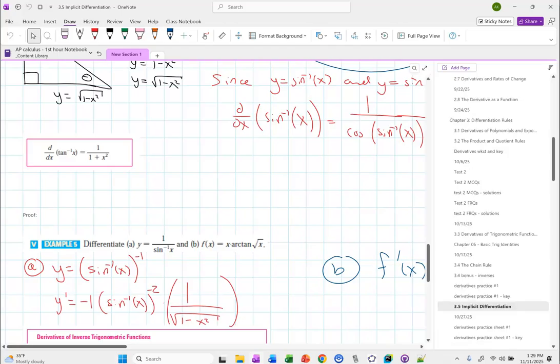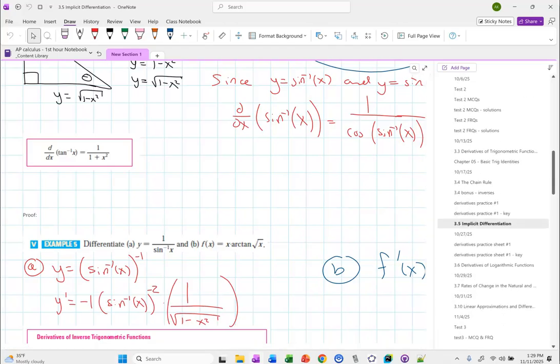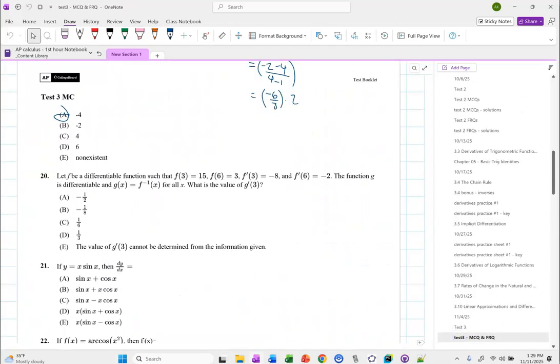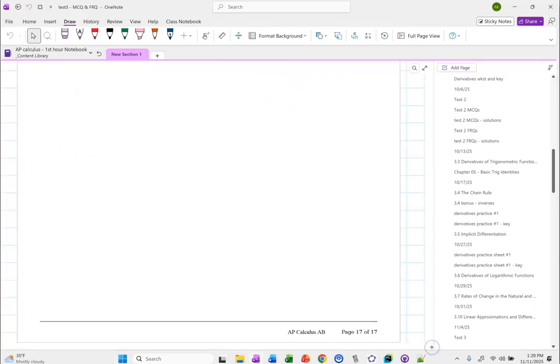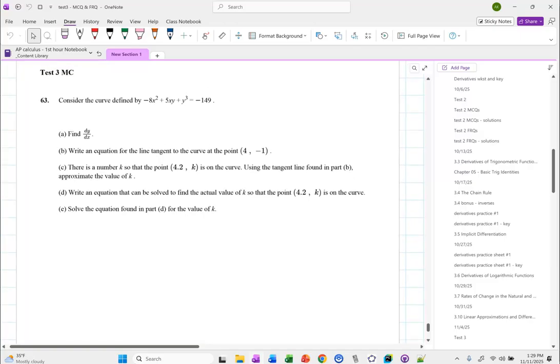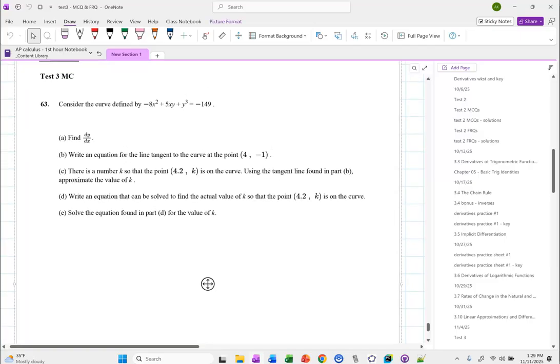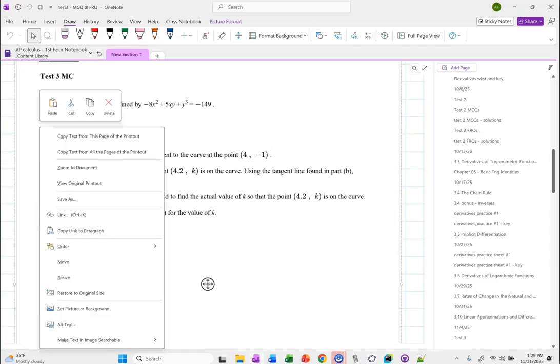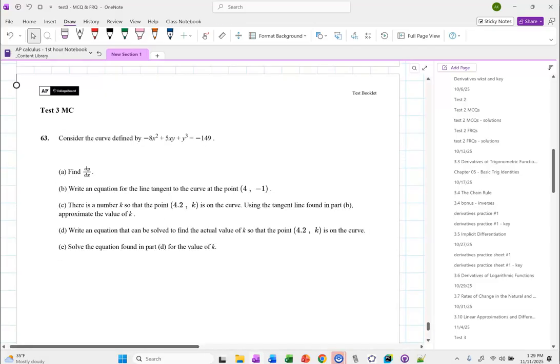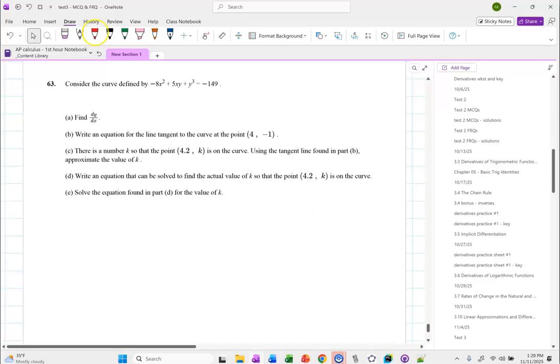Let's even it out in the dumbest way possible. We'll do it here in the first hour notebook, and then they'll have it, and it kind of evens it out, right?